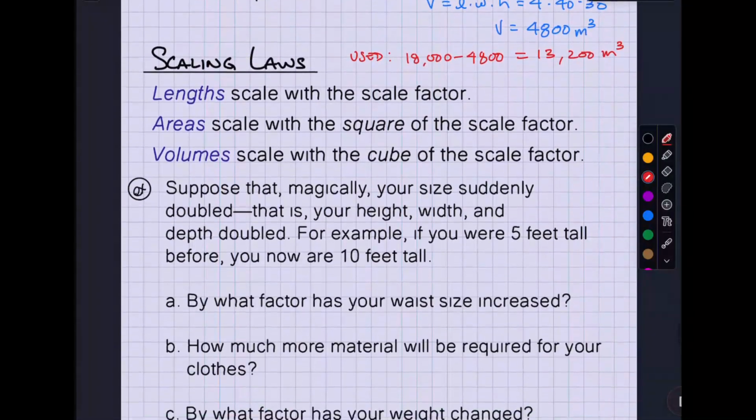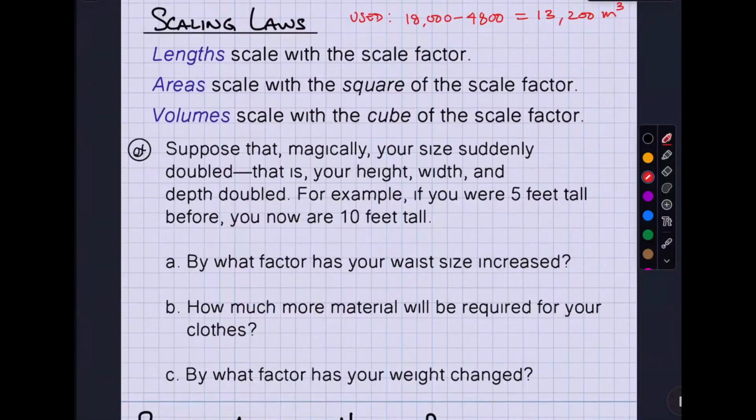Okay, scaling laws. So it says length scales with the scale factor. Area is the square of the scale factor. And volume is the cube of the scale factor.